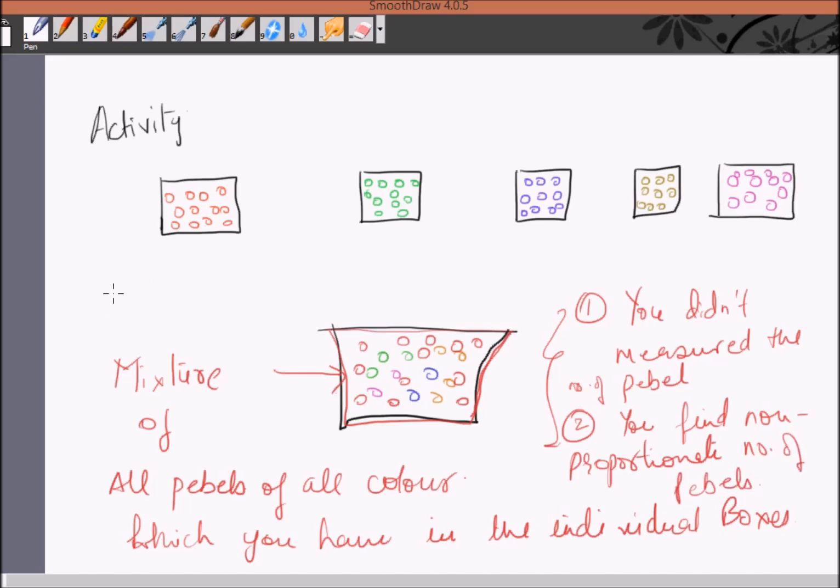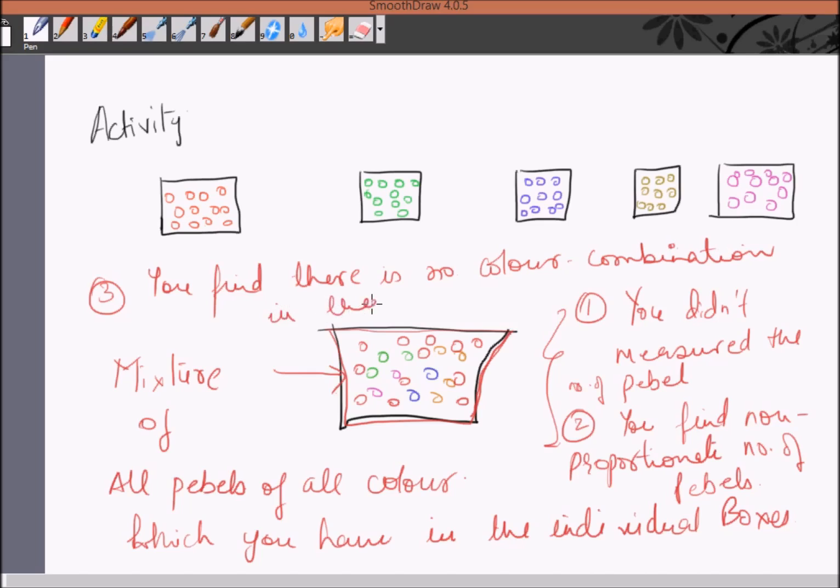Third, you find there is no color combination in the main box.